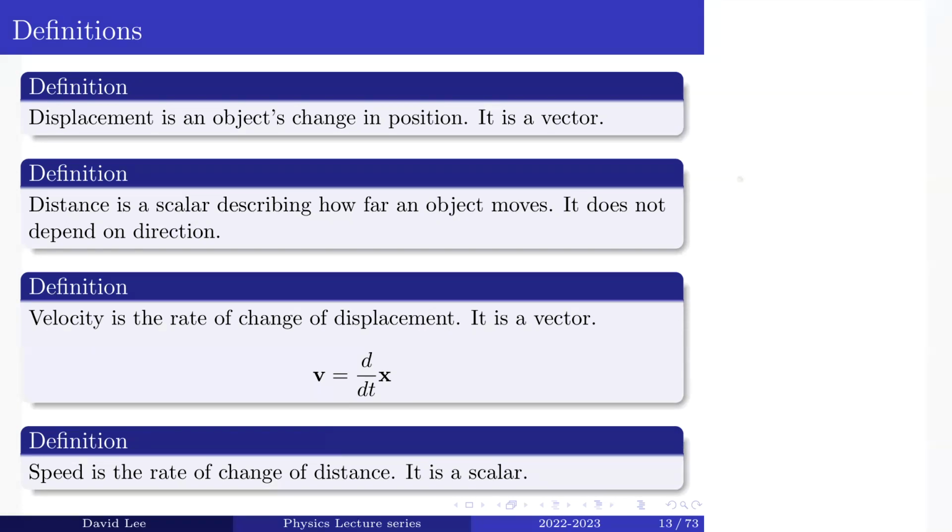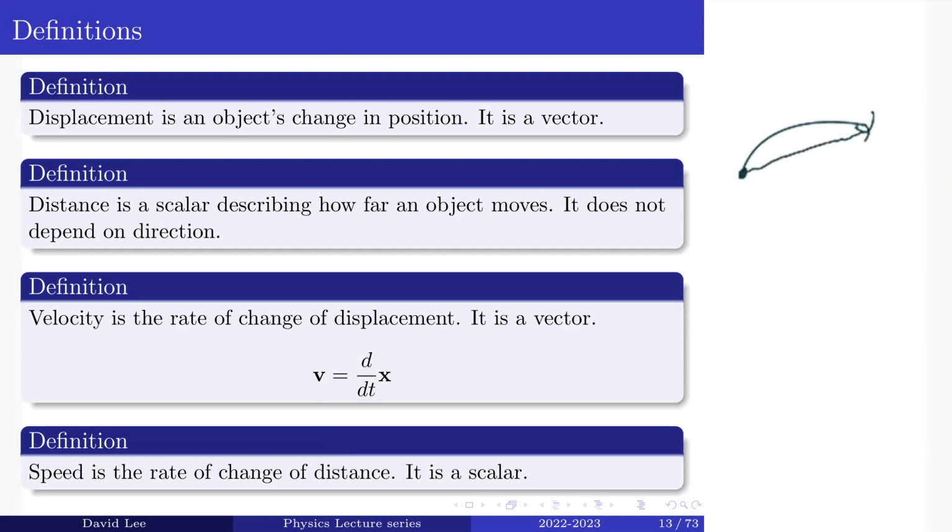So if we have an object that starts right here, say, and it moves there, the displacement is just a vector from its starting point to its finishing point. That's the displacement.